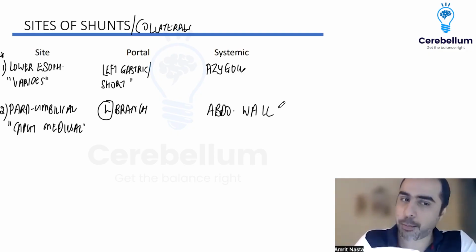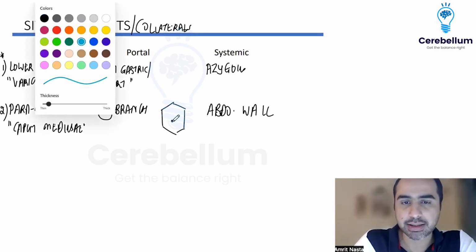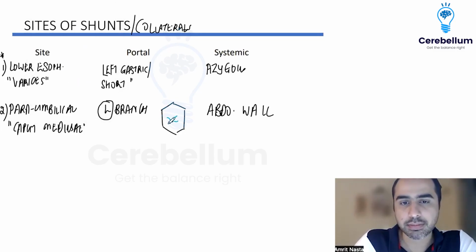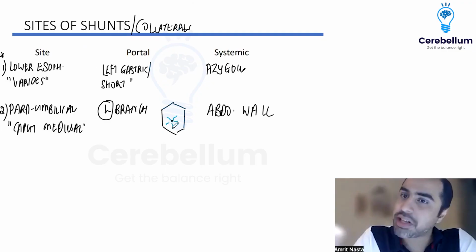And they give you that caput medusae, which looks like this. So around the umbilicus, you see some dilated veins like this. Caput medusae, but it will not give any problem to the patient.